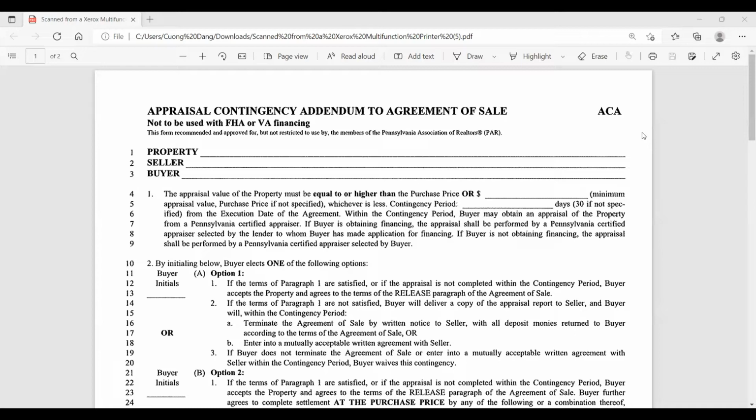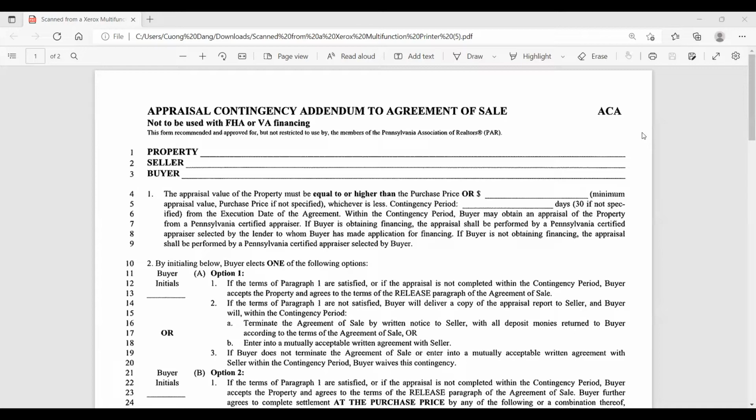So we go to paragraph number 1. Paragraph number 1 is very important because paragraph 2 references it, okay? It's the terms that paragraph 2 follows.